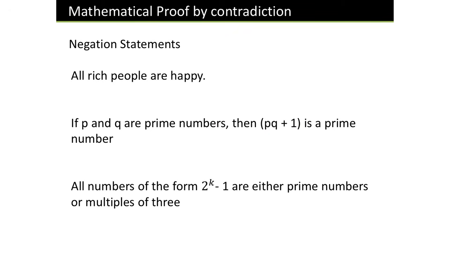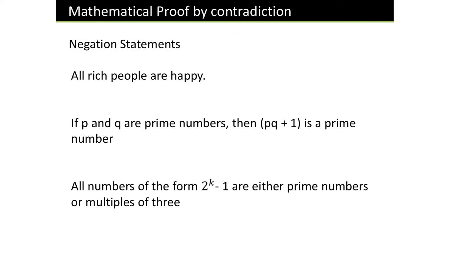Okay, so step 1, negation statements. All rich people are happy. How could we write a negation statement for this? All rich people are not happy. That is a negation. Perfect. If P and Q are prime numbers, then PQ plus 1 is a prime number. So what's the negation of this statement?